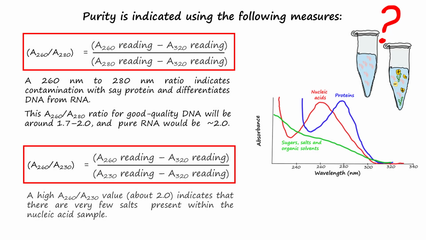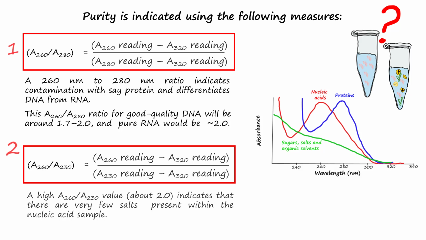Purity measures used are the absorbance at 260 nanometers divided by absorbance at 280 nanometers, and absorbance at 260 nanometers divided by absorbance at 230 nanometers. The first, absorbance at 260 divided by absorbance at 280, is around 1.8 for good quality DNA and 2 for pure RNA.